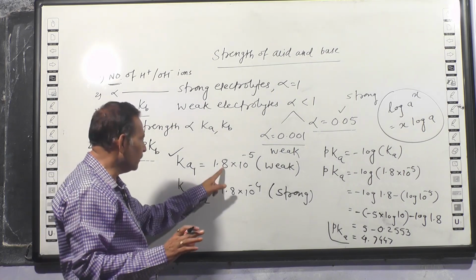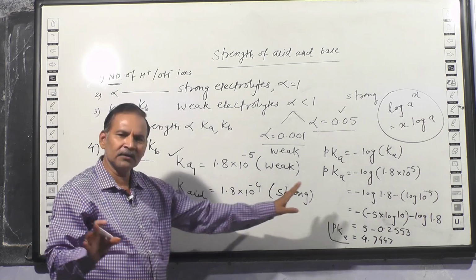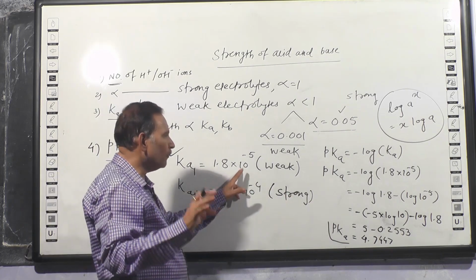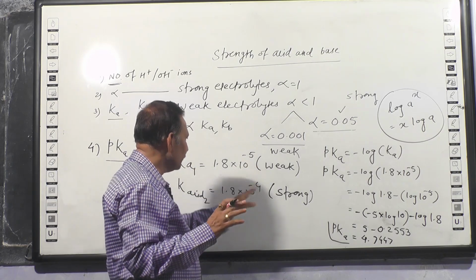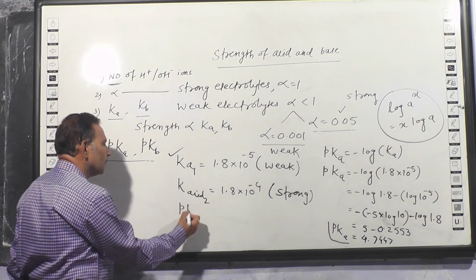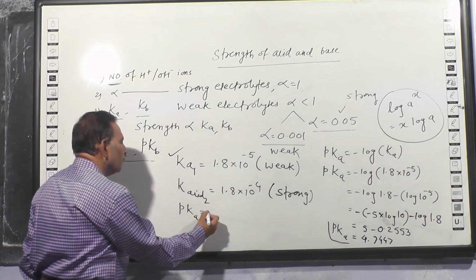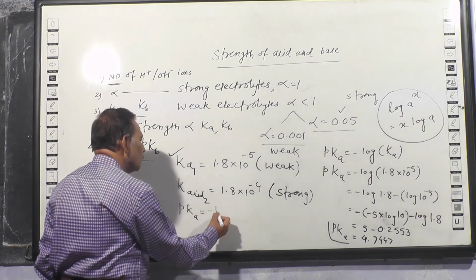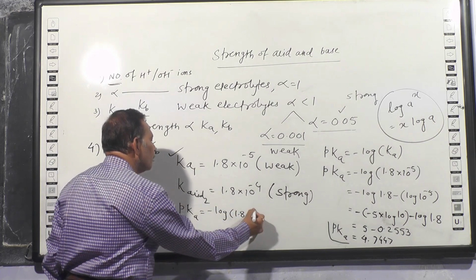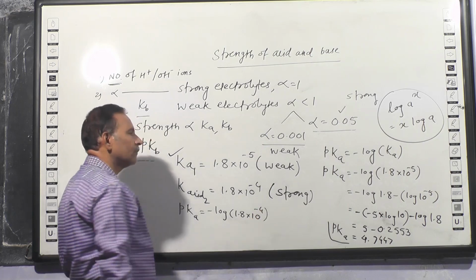Now we'll calculate pKa for the second acid. Purposefully I have taken the same number, because with this the log explanation will be clear. No need to go for the second log. So minus 5 becomes minus 4. Now pKa is equal to minus log of 1.8 into 10 raised to minus 4.